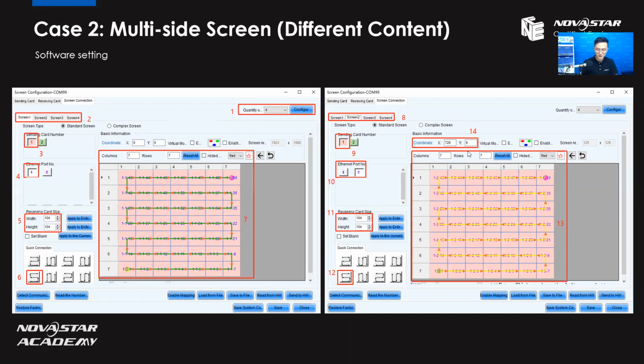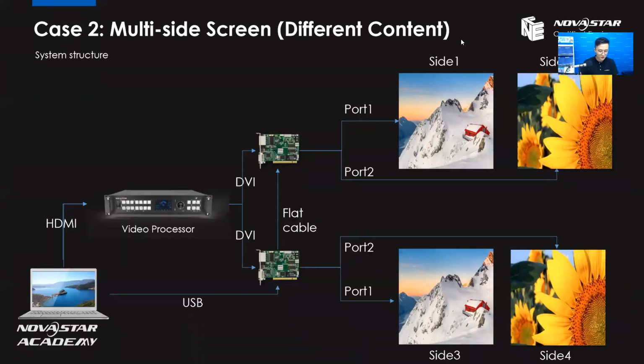So I give you the answer because, like I mentioned here, we want to show different content. Like here, side 1 is showing this content, side 2 is this content, but they're using the one sending card. But this and this is same, right? So now we need to change the coordinate to make the video source be different.